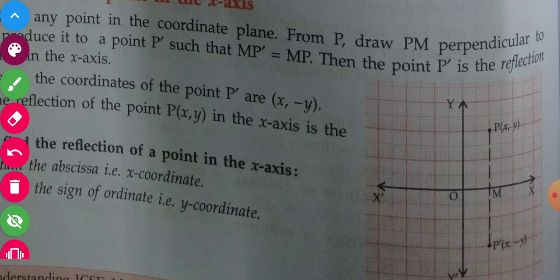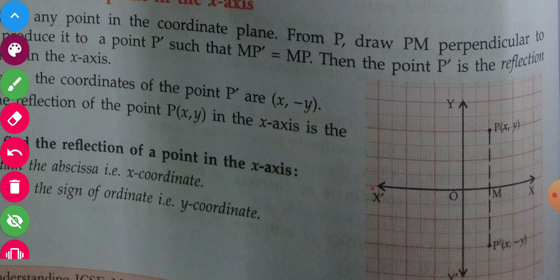The value at this point M is constant here as well as here, right? That means the x coordinate of point P and P dash is the same. What changes? Since we are measuring up and down, only the sign of the y coordinate will change. The x coordinate is as it is, and the y coordinate, here it was y, here it is minus y.